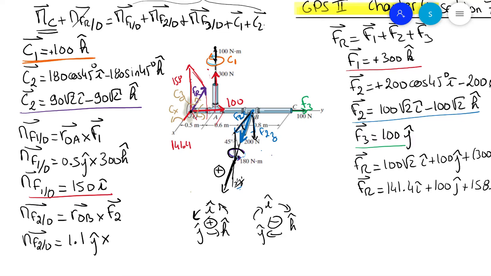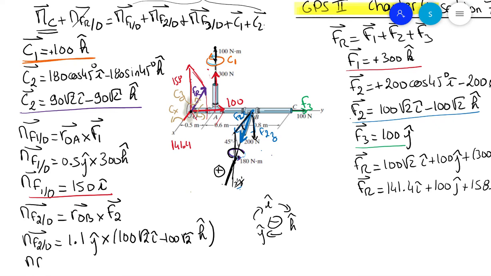We have F2 there: 100 square root of 2 I hat minus 100 square root of 2 K hat.